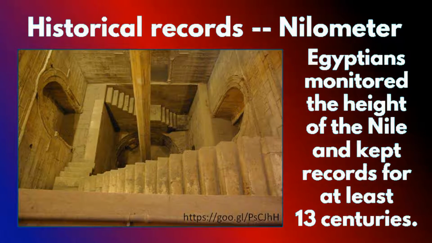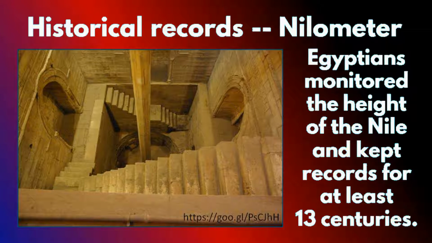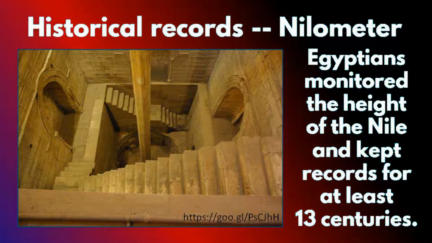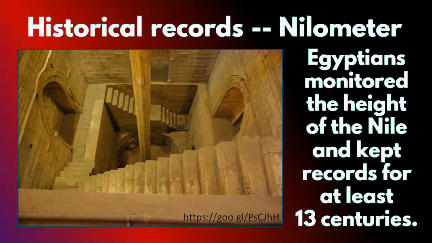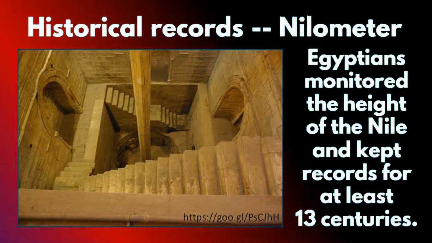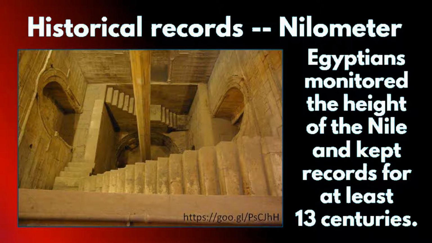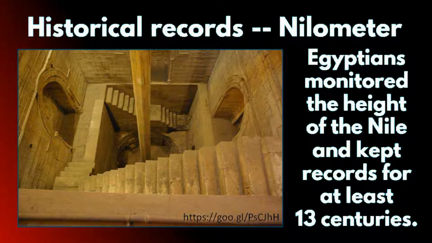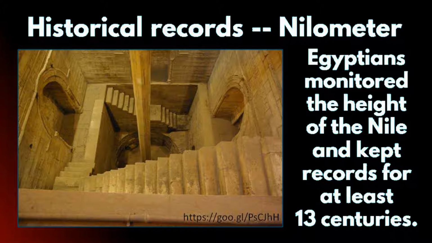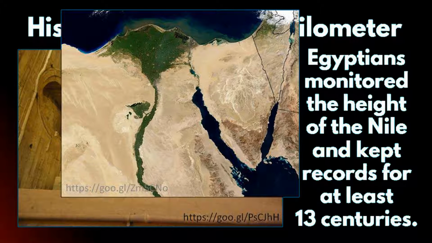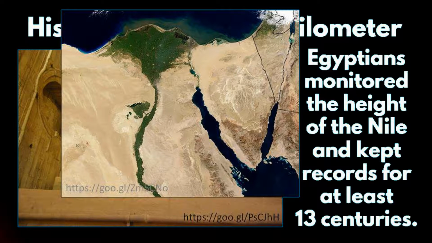Another example is the so-called Nilometer. Egyptians monitored the height of the Nile, and they kept records of this for more than 13 centuries. This doesn't go all the way back to like the people who built the pyramids. This is more like since the beginning of Islam. But the Egyptians, their livelihoods depended on the height of the Nile, or they did anyway at that time, because the prediction of the annual flood of the Nile had a great deal to do with when they were able to plant crops and when they were able to harvest crops in the Nile Delta.